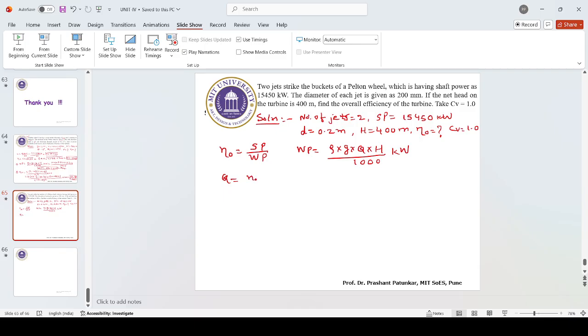So that is nothing but the number of jets into the discharge through one jet.